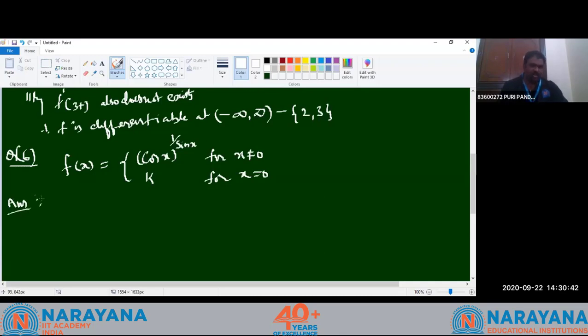The answer is option 2, which means k equal to 1 will come. How? See the solution.